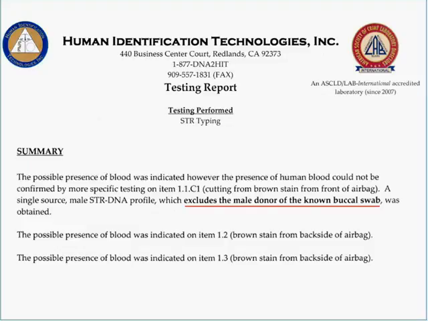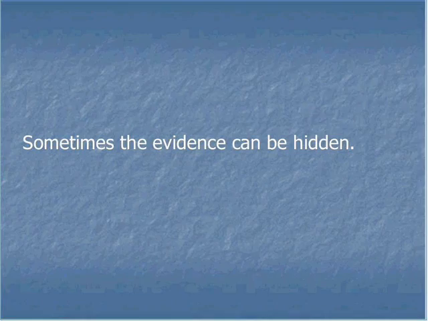But the human identification technologies, they ended up analyzing the airbag blood and said it excludes the male donor. So I did a test of the driver, the insured. We didn't know he was the driver, whoever the insured was, and then tested the airbag, and they did not match, showing that the insured was actually in the passenger seat.